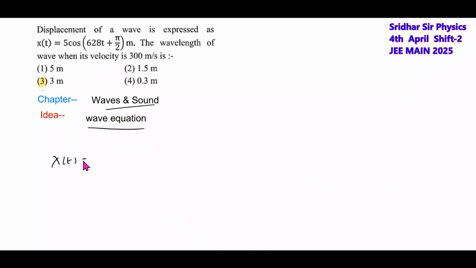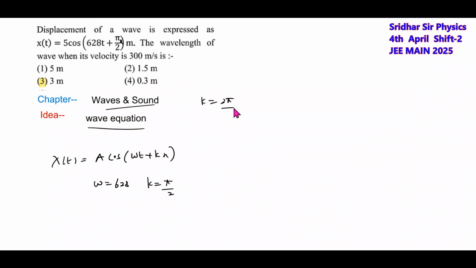This will be x equal to A cos(omega t plus kx). Here x is missing. Omega will be 628. K will be pi by 2. It's asking to get the wavelength. What is the wavelength?